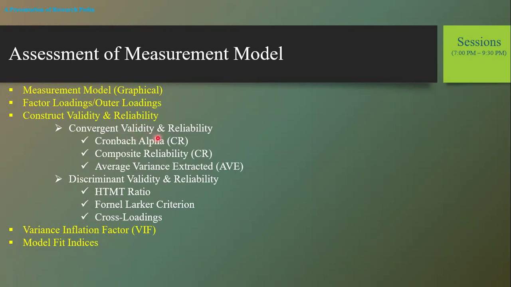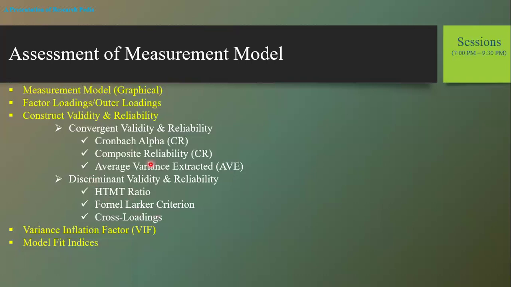In case of convergent validity and reliability, there are three things that we need to consider: Cronbach alpha, composite reliability, and average variance extracted. And in case of discriminant validity and reliability, we need to use the HTMT ratio, Fornell-Larcker criterion, and cross loadings.